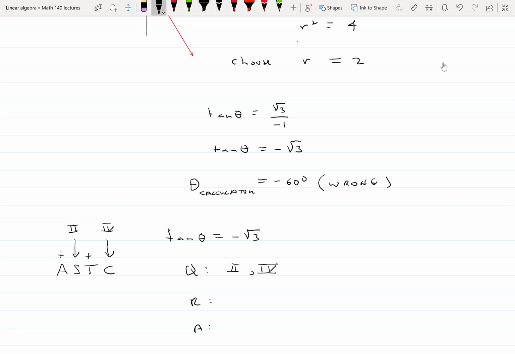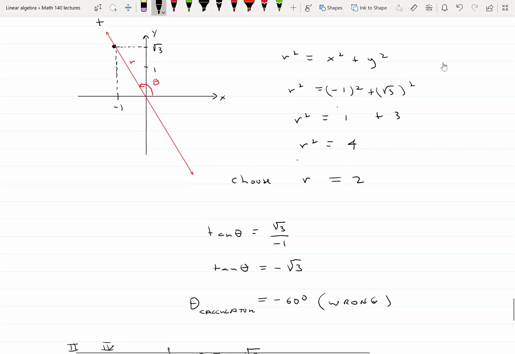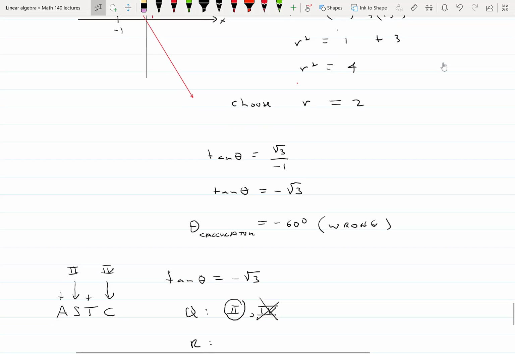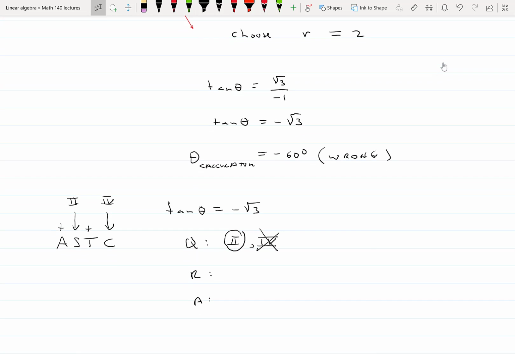Back when we were solving trig equations, we would put 2 and 4. But we modify this method a little bit because we have to do a reality check for our particular problem. We're not in quadrant 4. We're only looking for the quadrant 2 answer. Look at where the red angle is. The reference angle for tangent equals radical 3 is π/3. You can pick that right off the unit circle if you want.